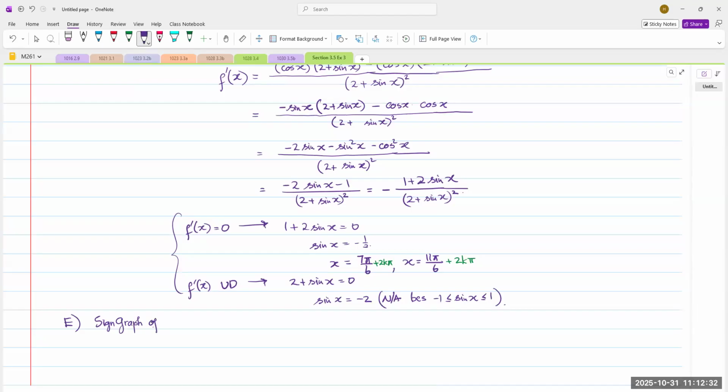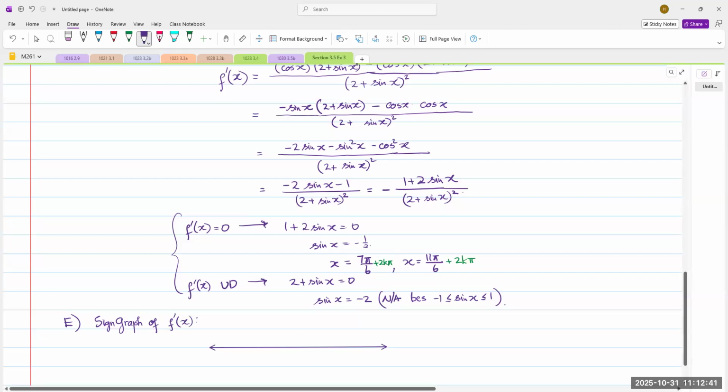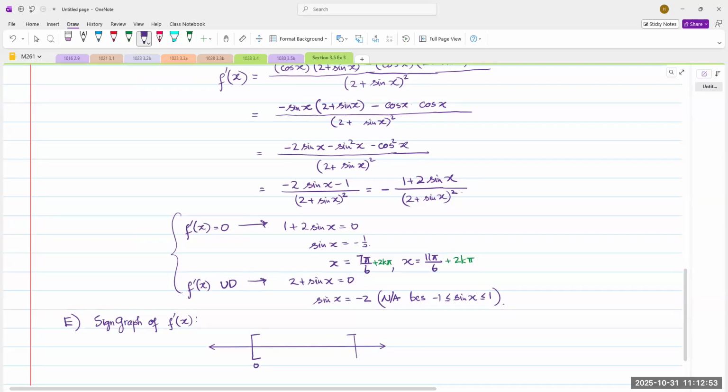for that f prime x. So we have the domain. The domain is all real numbers, that's true. But we will consider only from 0 to 2 pi, we will operate on 0 to 2 pi only.